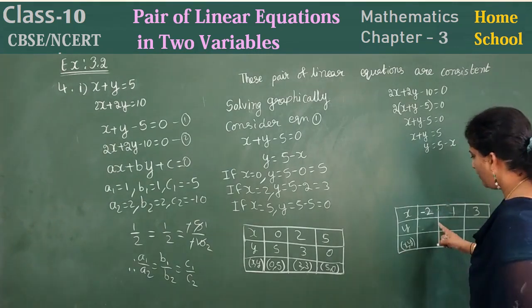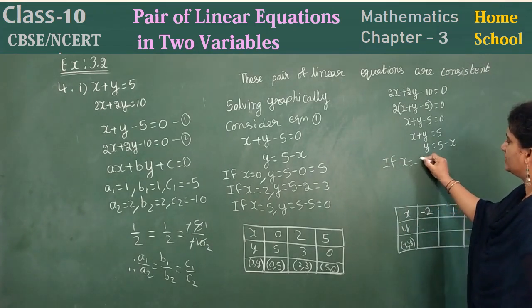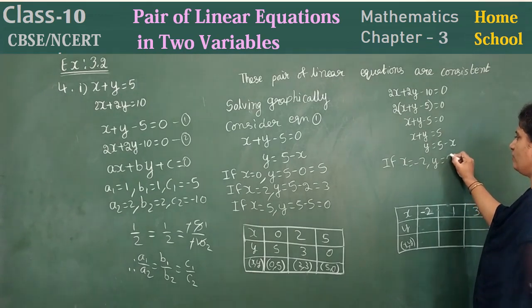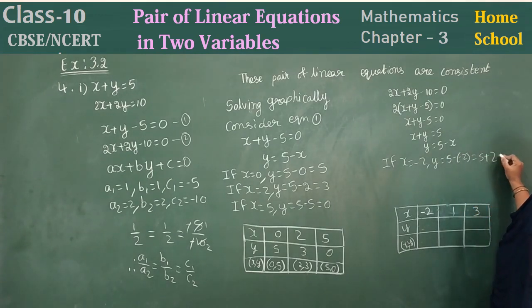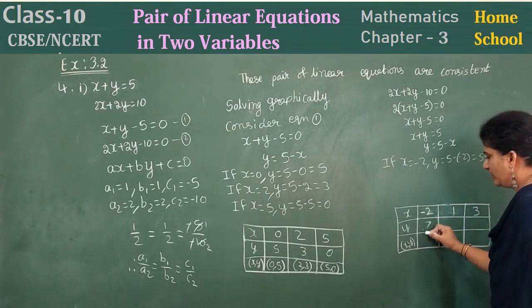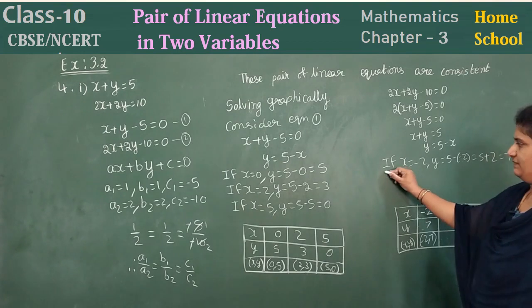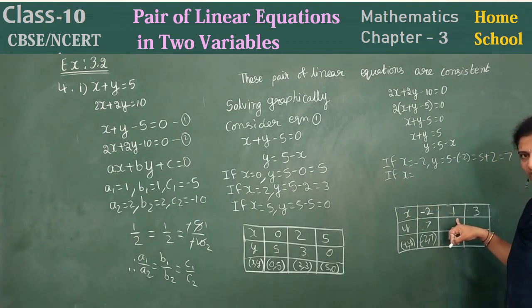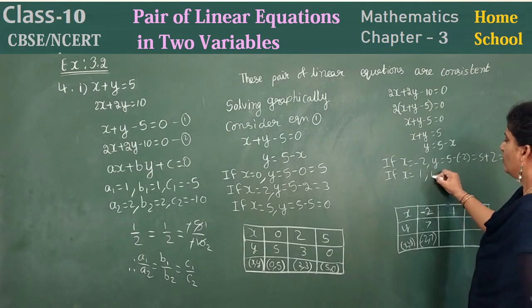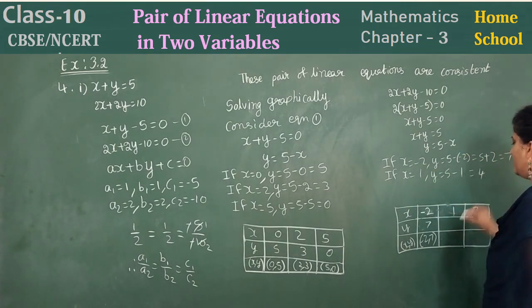Okay. So what happens here? If x is equal to minus 2, y is equal to 5 minus of minus 2, that will be 5 plus 2, which is 7. Coordinate will be minus 2, 7. Now, if x is equal to 1, y is equal to 5 minus 1, that will be 4.